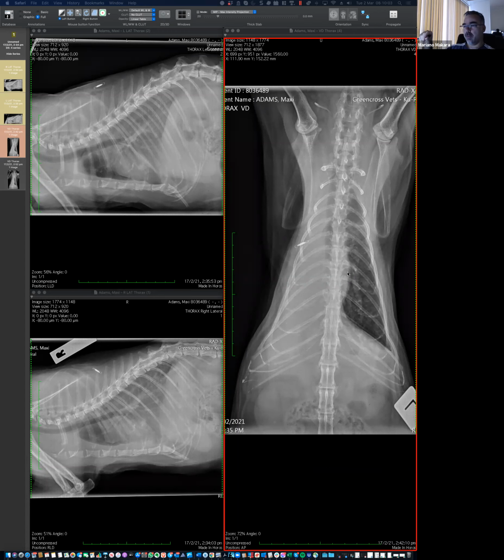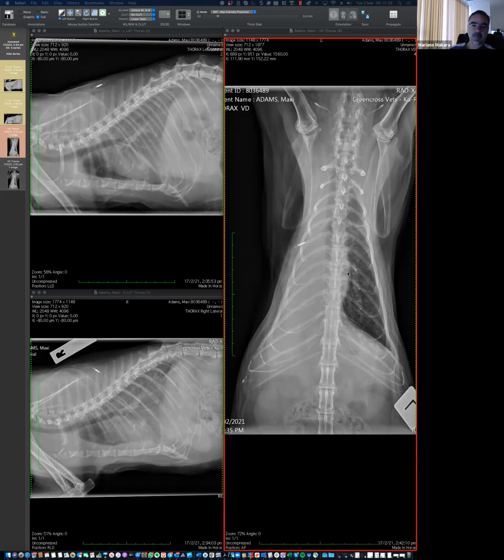Okay, so two ideas here. I would probably separate them. I agree with both. One is that there is effacement of the right contour of the cardiac silhouette and of the right hemidiaphragm. If there is effacement, then we can conclude that whatever is in contact with those structures is the same opacity. Makes sense? Because that's the rule.